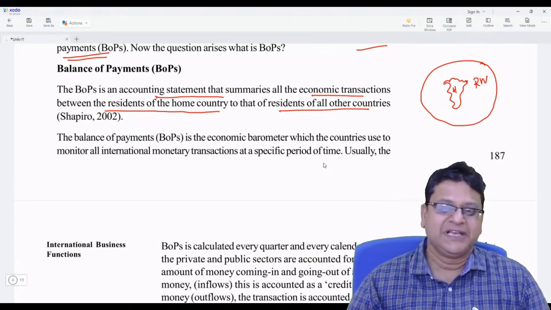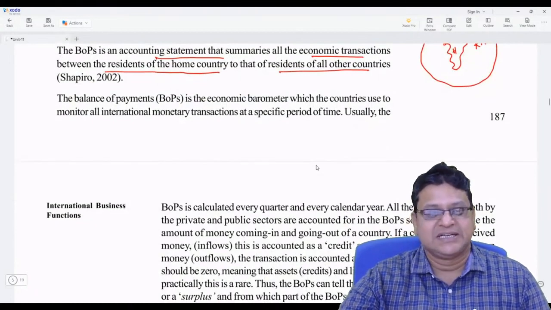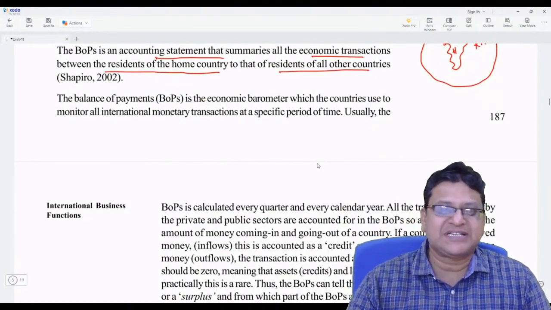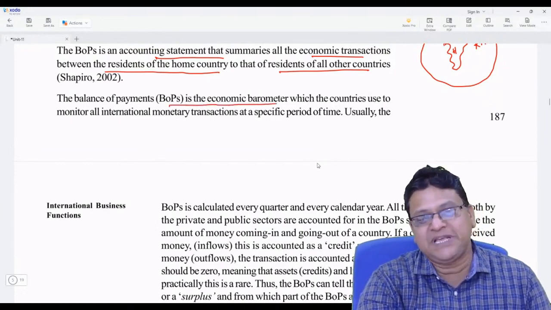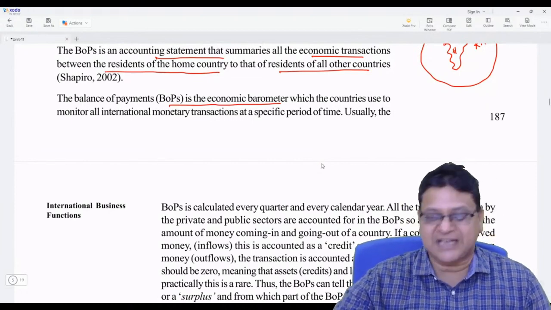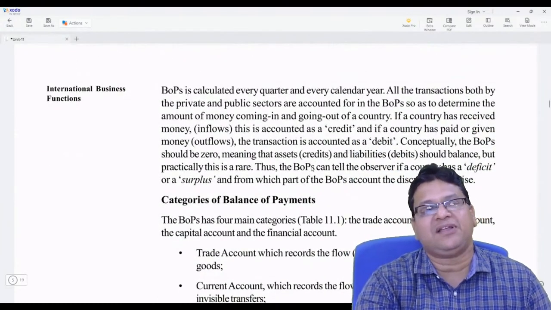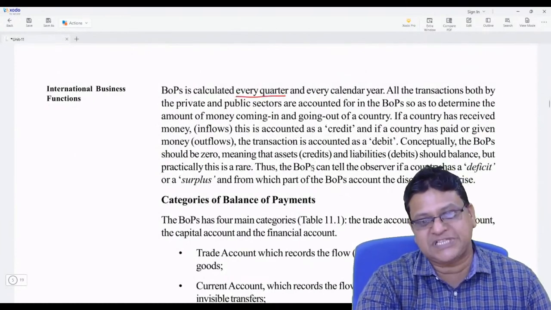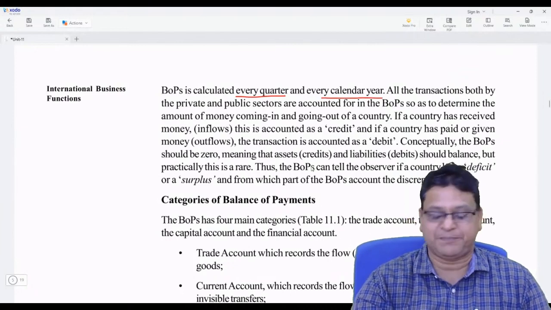So BOP is an economic barometer which studies the international transactions of a particular country. Normally, BOP is calculated quarterly or every calendar year. So quarterly BOP statements are prepared and calendar year BOP statements are prepared.